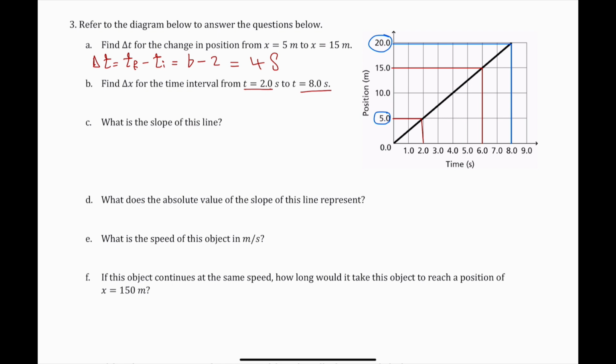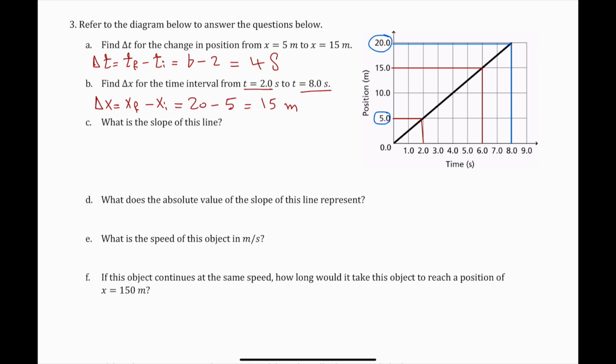So delta x equals x final minus x initial, which is 20 minus 5, 15 meters.